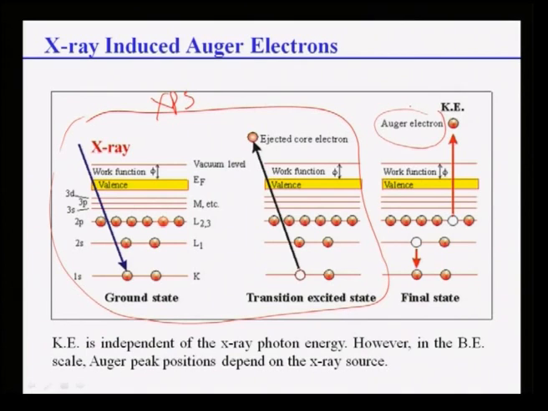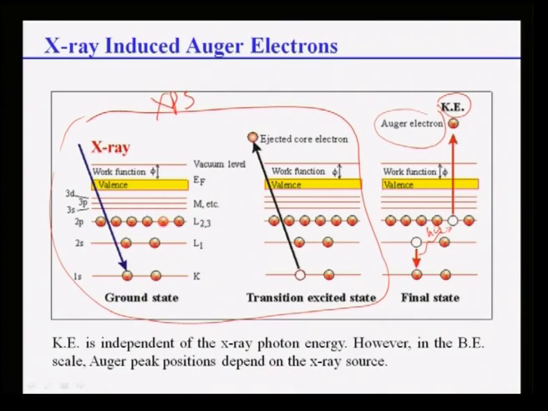So in a nutshell, Auger electron production is totally different from X-ray photoelectron spectroscopy. Here the jump of an electron from a higher level to a lower level leads to the production of certain other energy, h nu 1, which can eject another electron from the L2,3 shell, and that electron which comes out from the sample surface is known as the Auger electron. Obviously the kinetic energy of this Auger electron is much lower than in XPS.